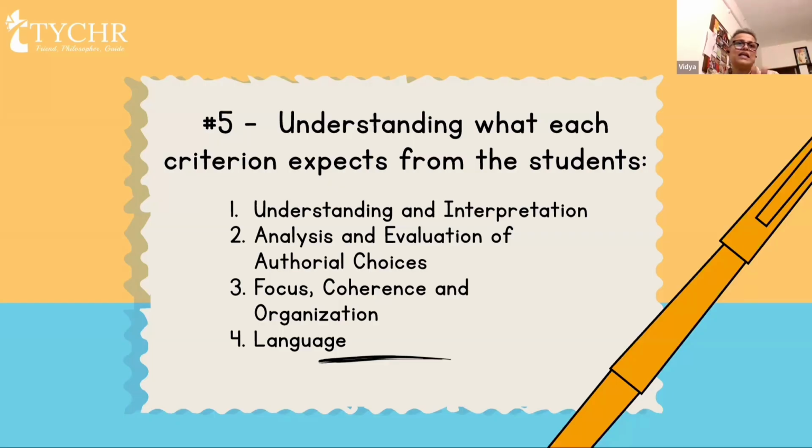Everything that you say should be coherent and focused on proving that while this writer is presenting the pro and the con of this issue, scratch the surface and you will figure out that this guy is biased or prejudiced. That's what Criterion C rewards you for, keeping your analysis coherent.